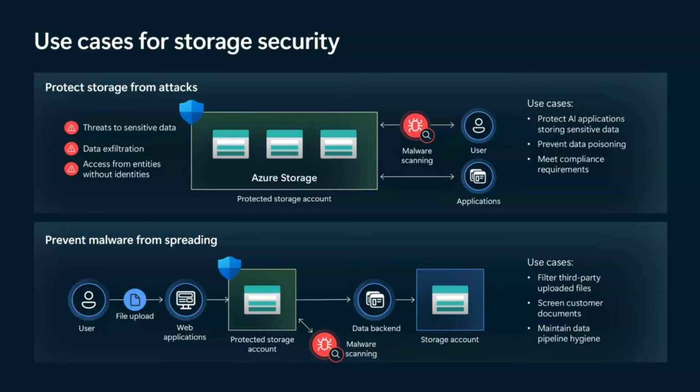Think about HMOs, financial organizations, CPAs, medical organizations, or vendors getting data from partners, uploaded either through an API or through some web portal, hitting our storage account, and then an application ingests that data. This is a zero trust environment. We don't trust the data coming in. We need to make sure applications only ingest clean and non-malicious data.